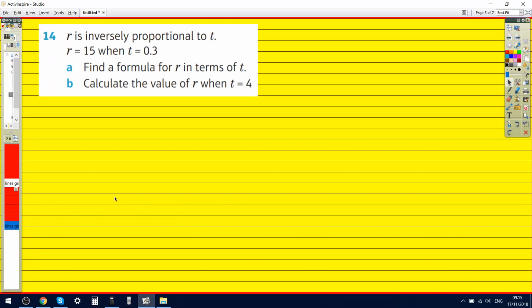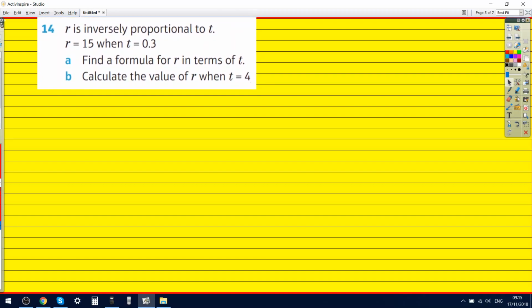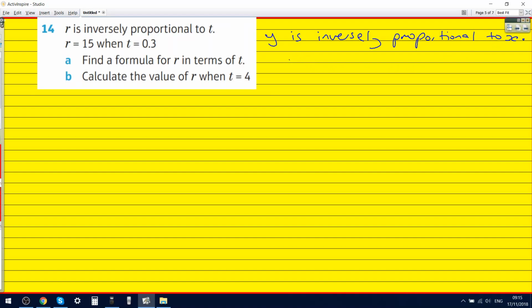Okay, how do we do this? So I think it's like, I don't know if I need to do 15 is equal to k over 0.3 or something.